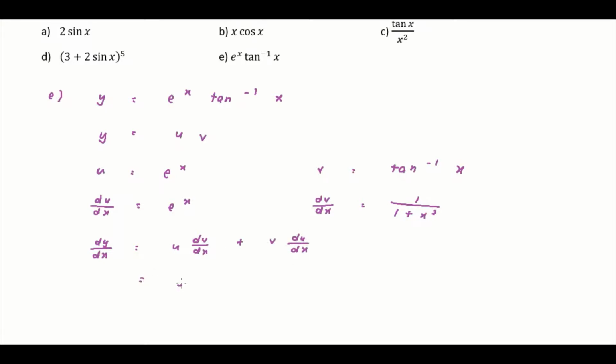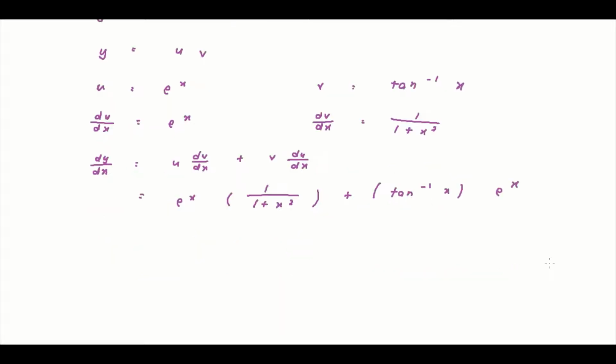Okay, so u is e to the x and then dv/dx is 1 over 1 plus x squared, plus v, tangent inverse x. So make sure you put a bracket so you separate them. So du/dx is e to the x.